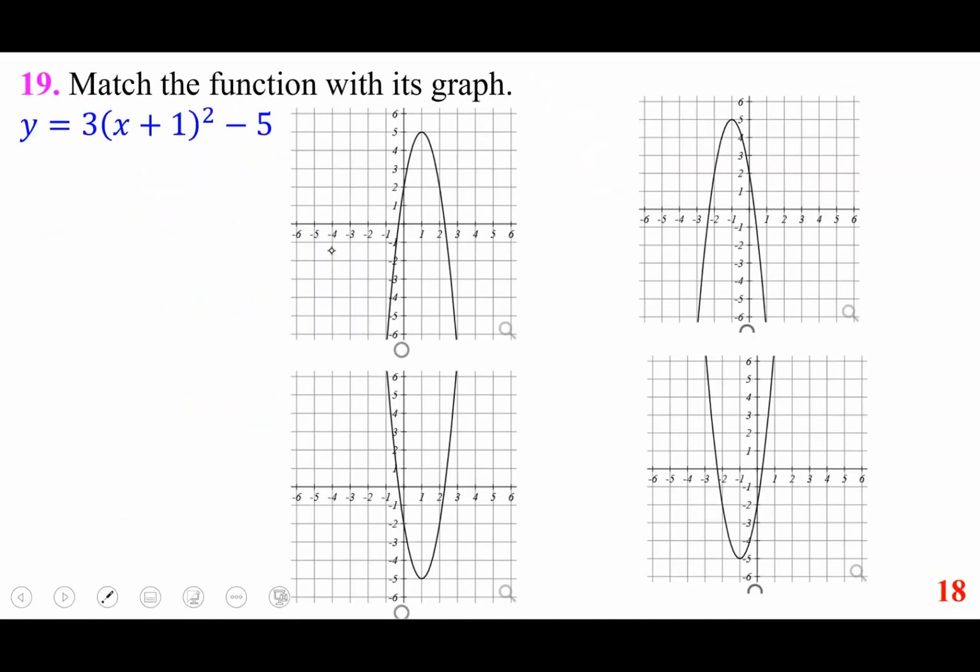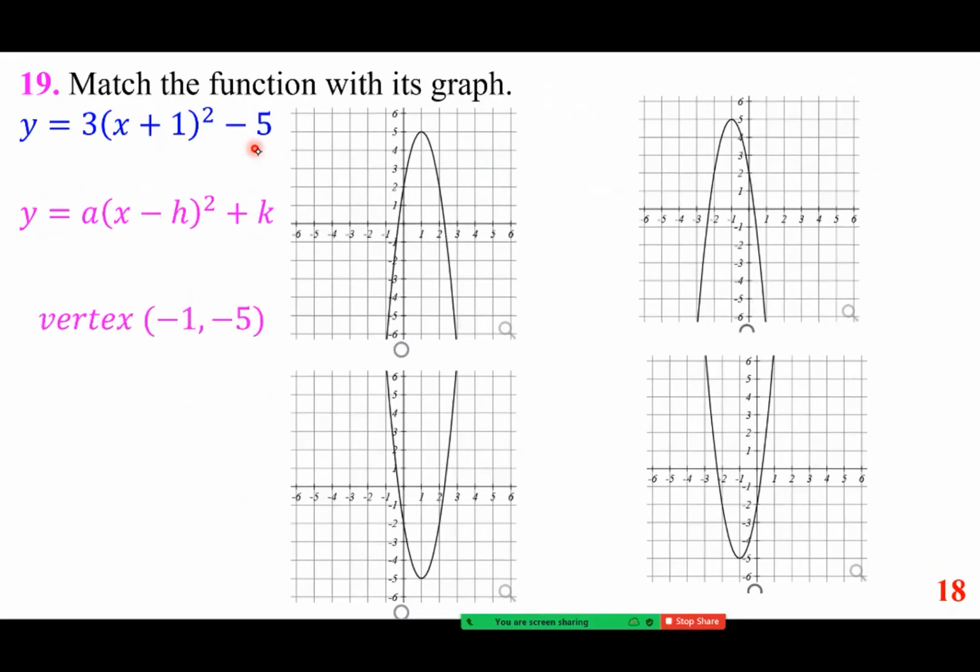We want to match the functions. We notice all of them are quadratic functions. So we write the quadratic function in its vertex format of a times x minus h quantity squared plus k. And we look for the vertex. We notice the vertex is located at -1, -5. Since it's a multiple choice, just look for the vertex of -1, -5.